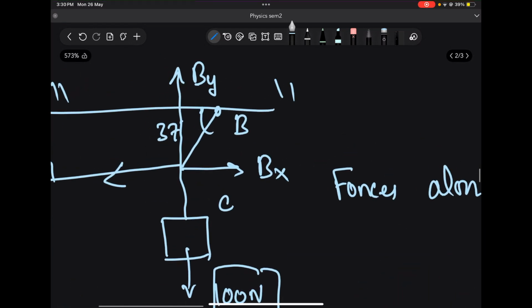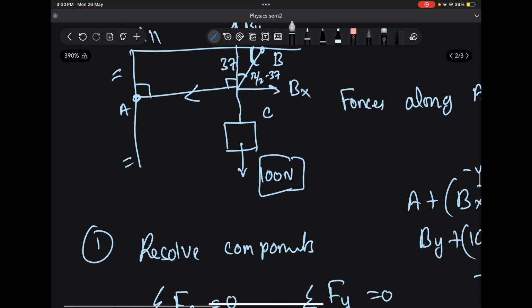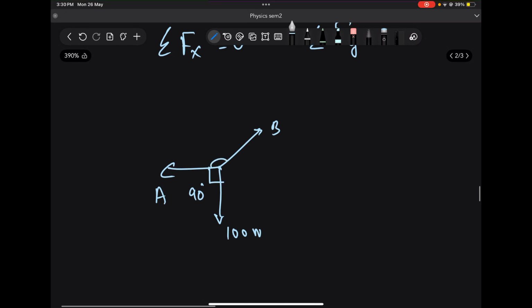So if this is 37 degree, this is pi by 2 minus 37, so basically 90 minus 37, and we know this is also 90. So that will be pi by 2 plus pi by 2 minus 37. So that will be pi minus 37, or we can write this as 180 minus 37 degrees, and then you can simply calculate this angle.